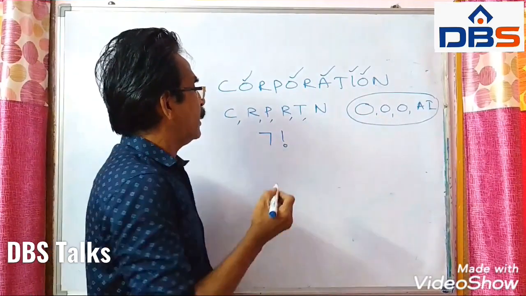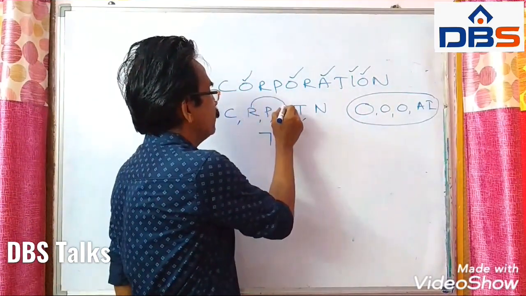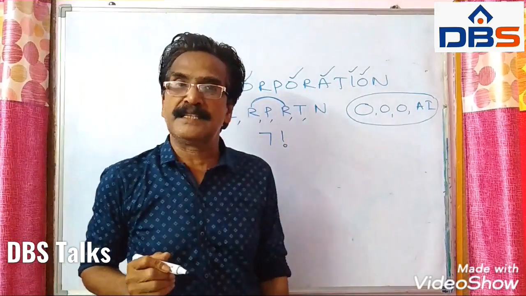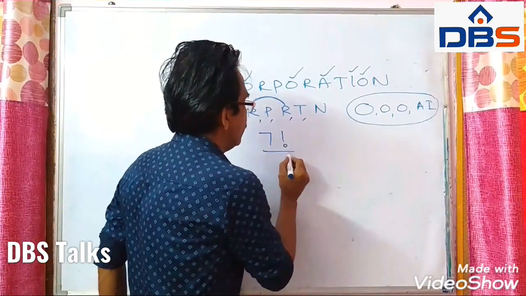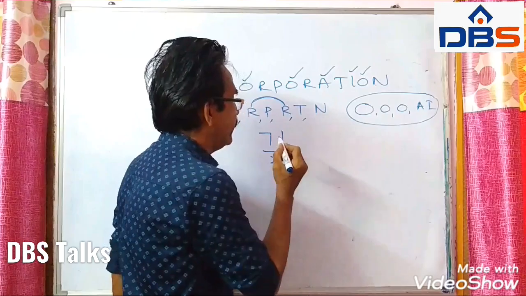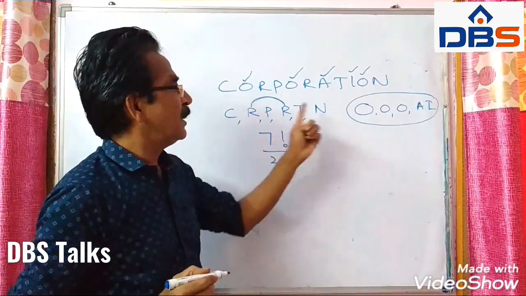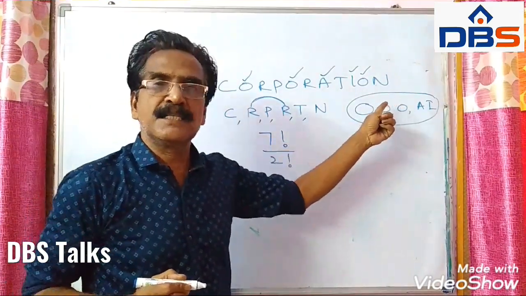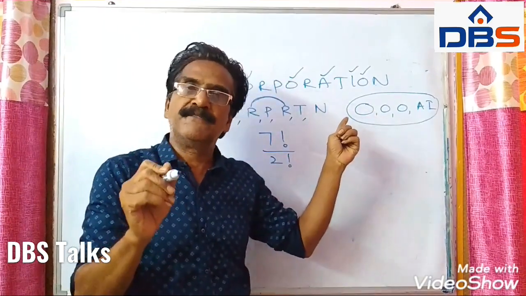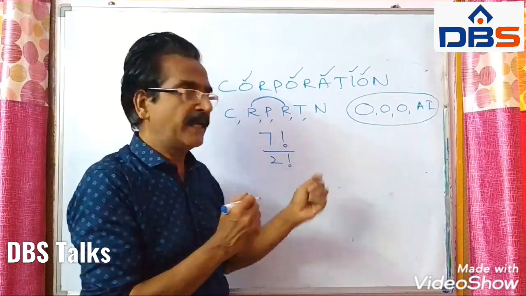But here we have similar letters: 2 R's are there, so divide by 2 factorial. So the 7 units are arranged in 7 factorial by 2 factorial ways.